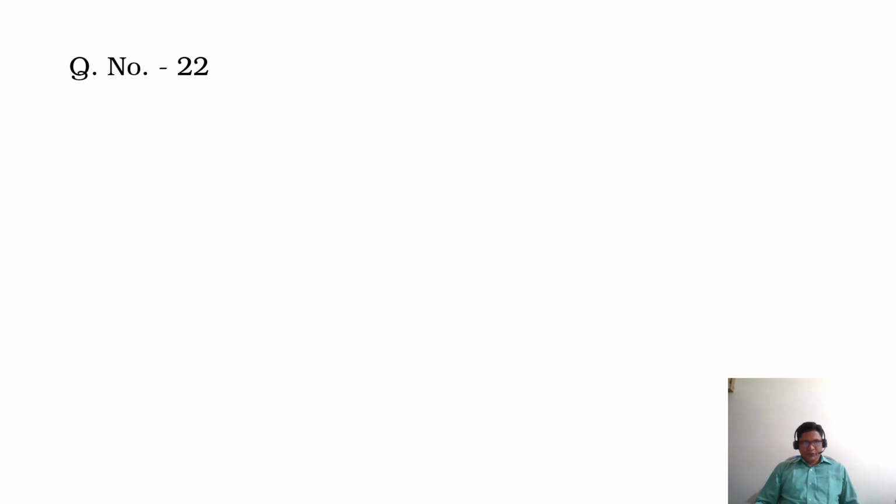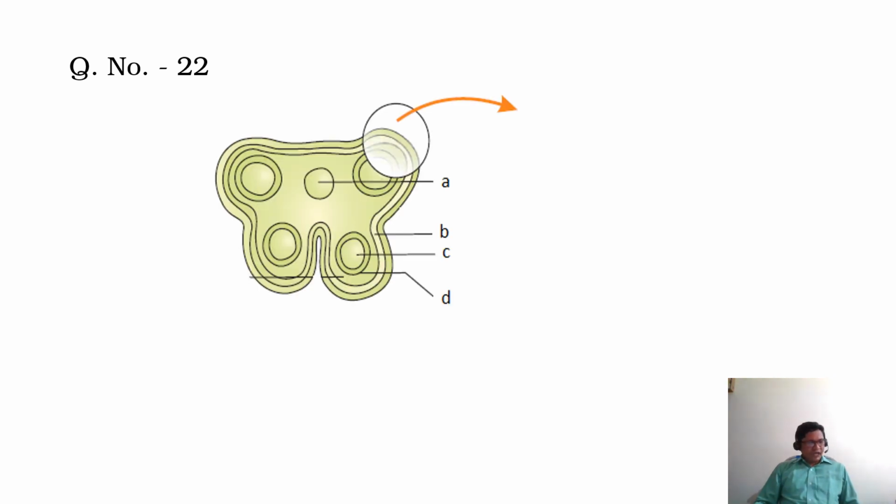Question number 22. In the given figure, identify a group of compactly arranged homogeneous cells in young anther. Options 1. A, 2. B, 3.